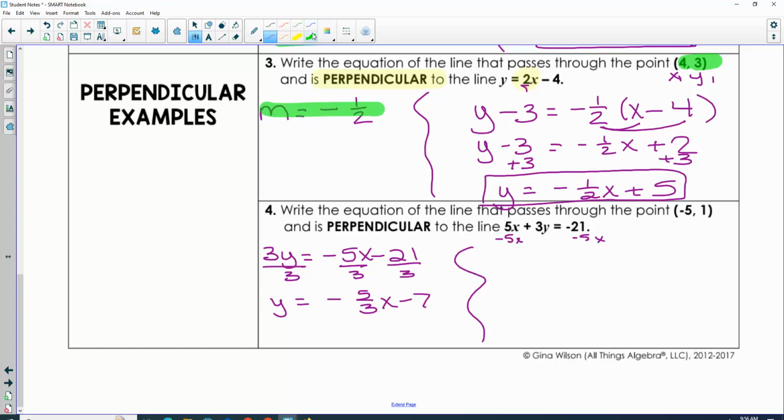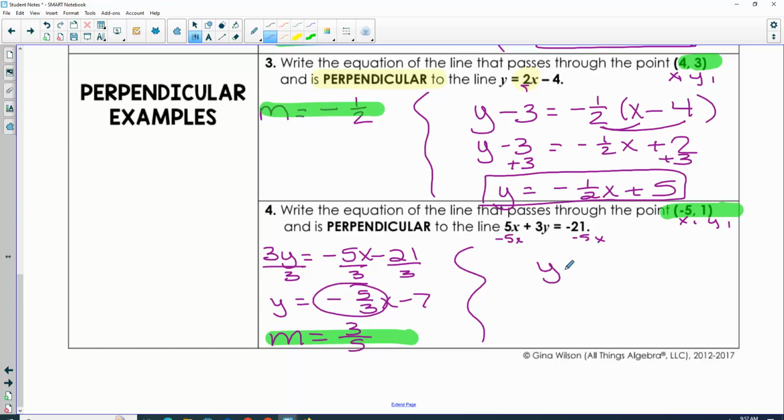I need a point and I need a slope. I have my point. My slope. What is the slope of this line? Okay, the line that we just found is a negative 5/3. So to be perpendicular, you change the sign so it's a positive, and you flip it. So 3/5. And then our point, that's our x1 and y1.